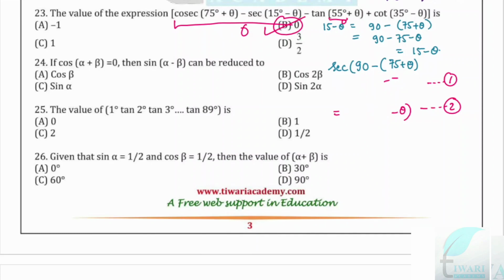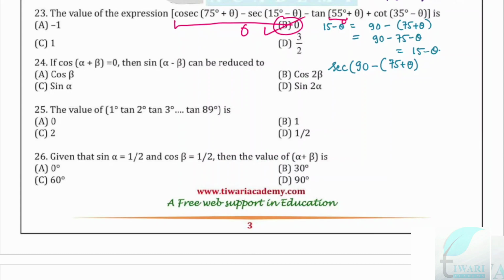Now let us come to question number 24. If cos alpha plus beta equals 0, then sin alpha minus beta can be reduced to what? So cos of alpha plus beta is equal to 0, and cos value is 0 when alpha plus beta should be equal to 90 degrees, because cos value is 0 when the angle is 90 degrees.